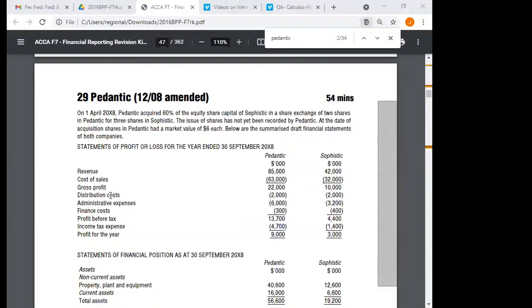Parent 2,000, and the other one you must prorate like that. The next one is administrative expenses. So admin expenses, ladies and gentlemen, I have 6,000 plus 6,000 plus 3,200, plus 3,200 times 6/12.